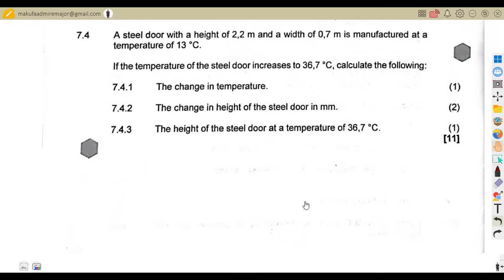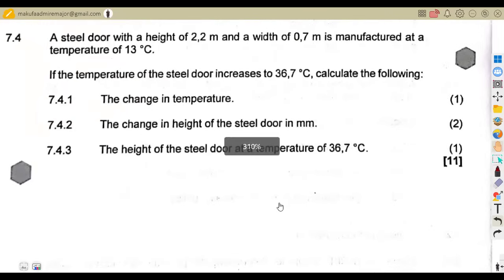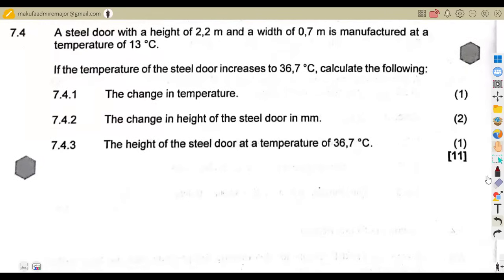Then on the other part, we are given 7.4, a steel door. So there we are dealing with steel. That's a steel door that we are talking about. If you check the linear coefficient of expansion for steel from the information sheet, it's something like 0.12 per degree Celsius.